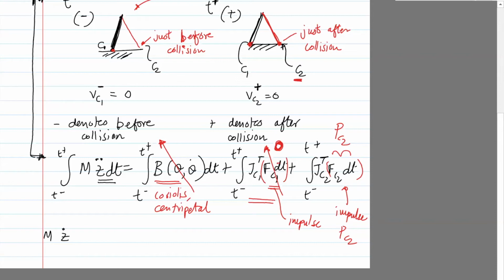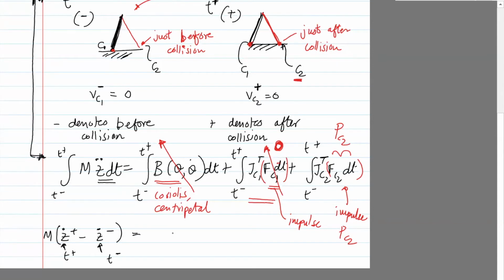So I can write that as z dot positive, at t positive, minus z dot negative, for instant t negative, equals, first term is 0, the second term is 0.